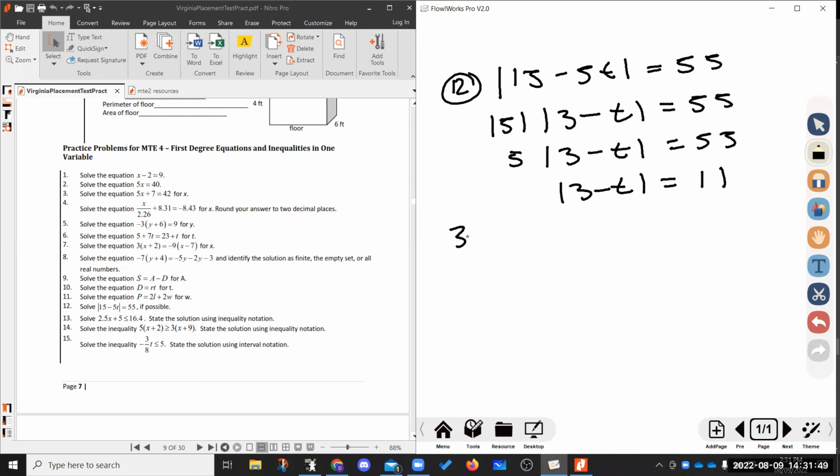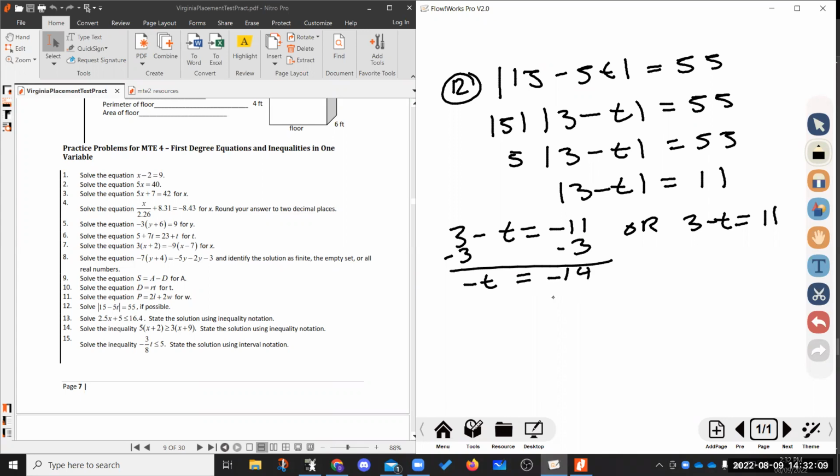So now this means that 3 minus t has to be equal to negative 11, or 3 minus t has to be equal to 11, because the only two numbers that have an absolute value of 11 are going to be positive 11 and negative 11. When I subtract 3 from both sides, this equation is negative t is equal to negative 14.